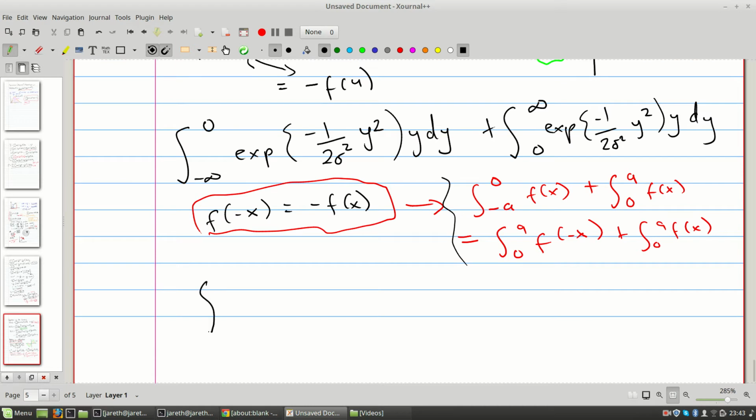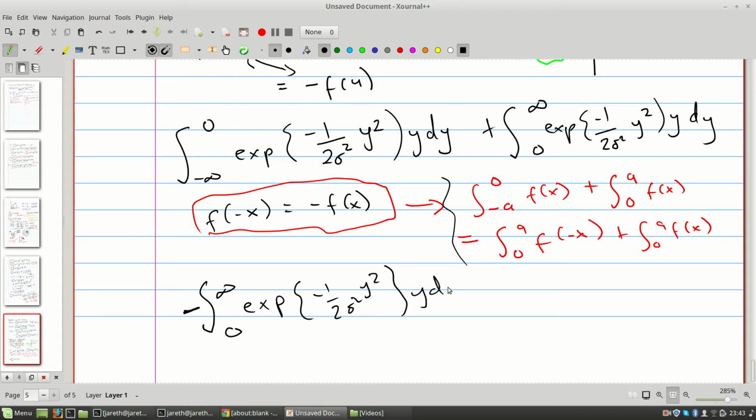By doing so we can rewrite this as the integral from infinity to 0, but since we have a minus, this becomes a minus y, so we put the minus over there. The exponent of minus 1 over 2 sigma squared times minus y squared is the same as y squared.